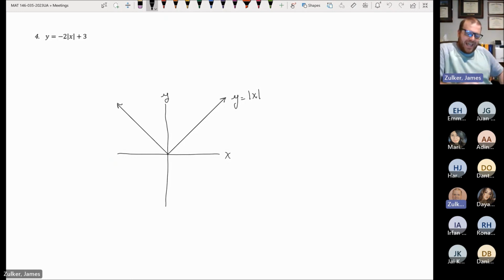So now we're going to have an upside down V. That 2 gives us a vertical stretch by a factor of 2. And then it'll move up 3 units.